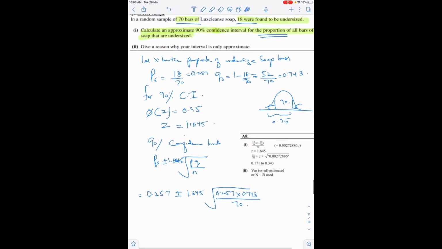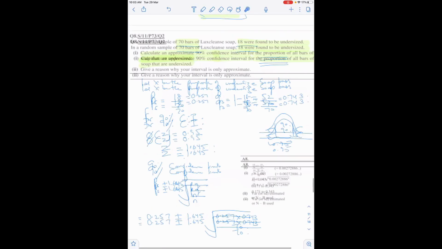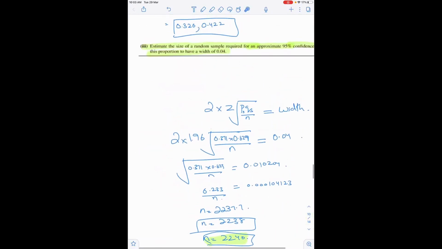This was actually binomial, but we approximated to normal. So since you have approximated to normal, that's why it's an estimated answer. Here I was wrong. Instead of saying that, you have to say, since this is a binomial approximation to normal, that's why it's an estimated answer. Okay?